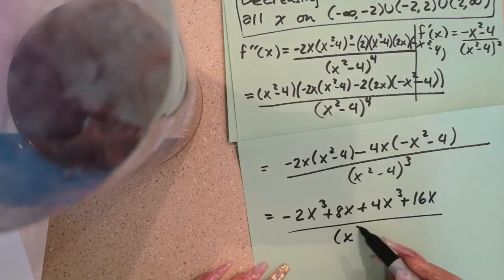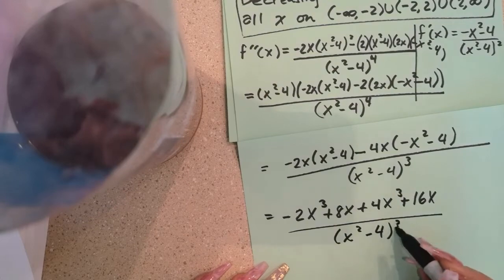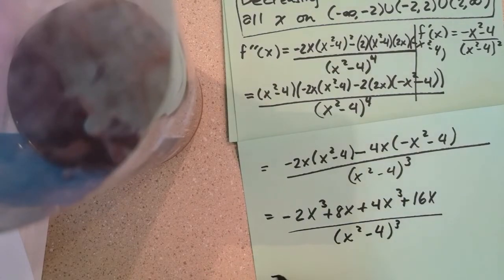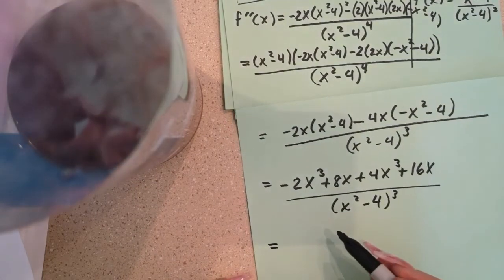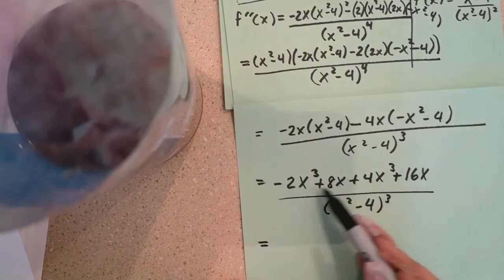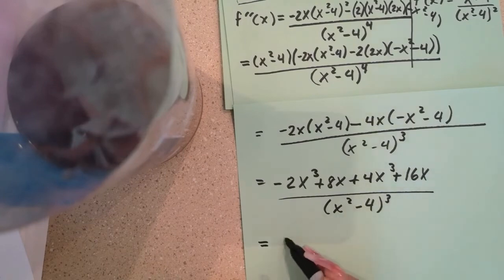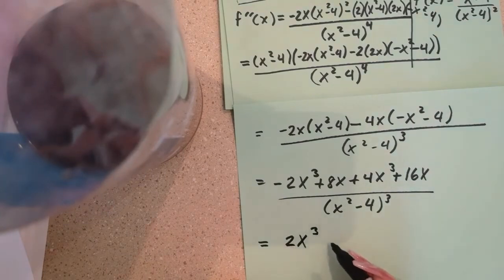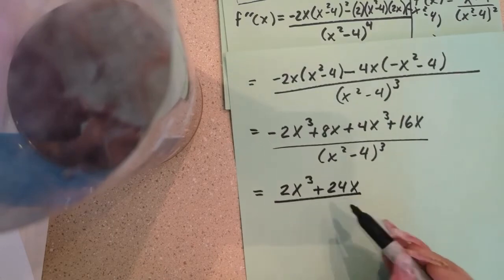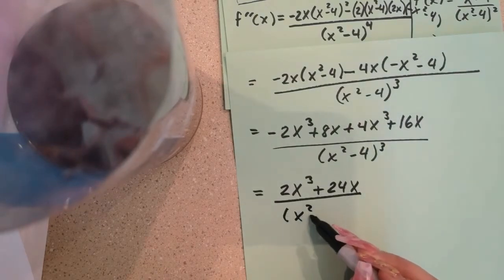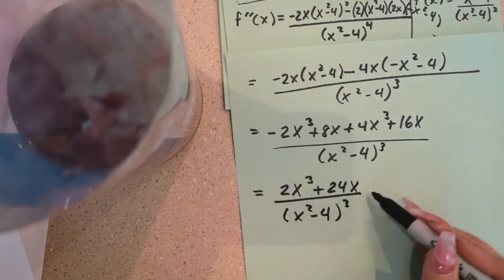And I'd have x squared minus 4 cubed. So then, okay, these guys are like terms, oh, so are these. So I'd have 2x cubed plus 24x over x squared minus 4 cubed.